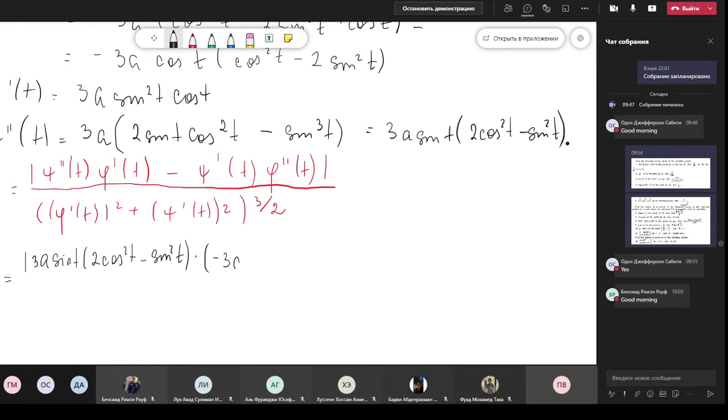Then minus psi prime of t, which is 3a sine squared times cosine of t, times phi 2 prime, which is minus 3a cosine of t times cosine squared minus 2 sine squared.